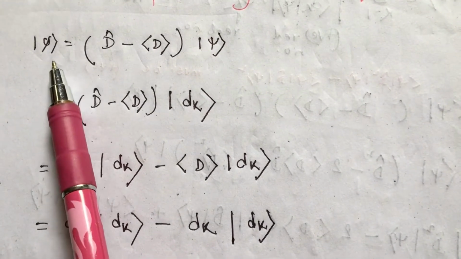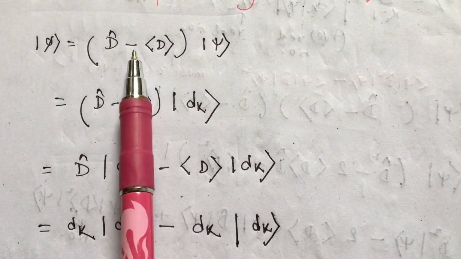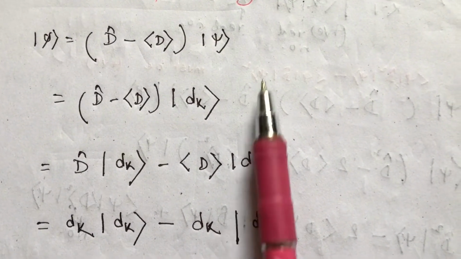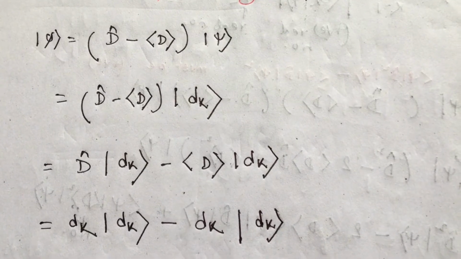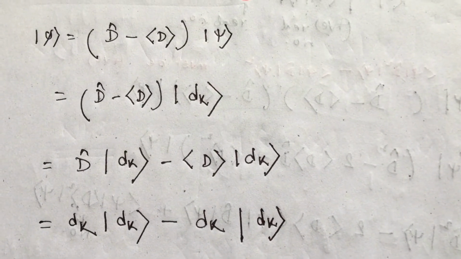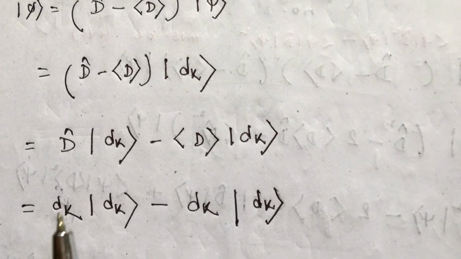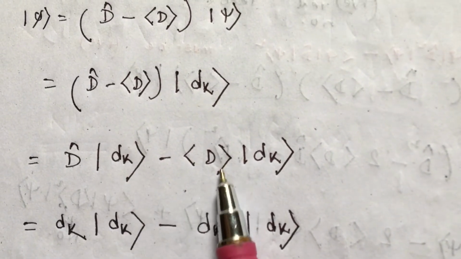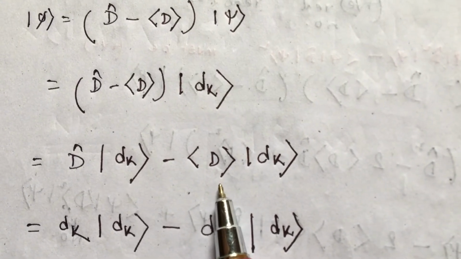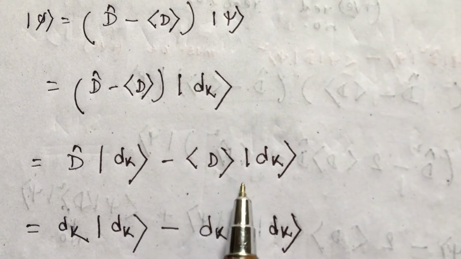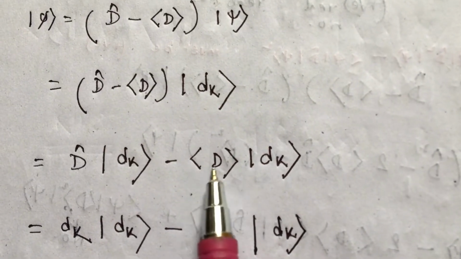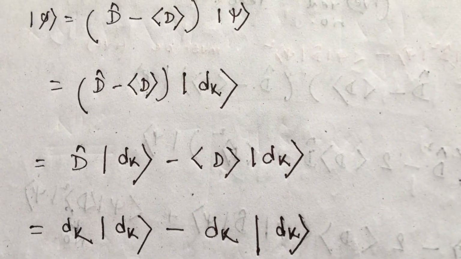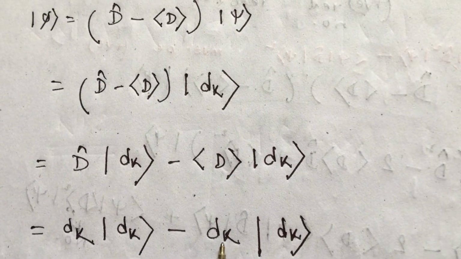Let us define phi equal to (d operator minus d expectation value) psi, as I defined earlier. This psi is now the eigenstate dk, so psi equals dk, and now the d operator operates on dk, and this is an expectation value which is just a number. And if I am measuring this expectation value on a particular eigenstate, I will get the exact eigenvalue dk.